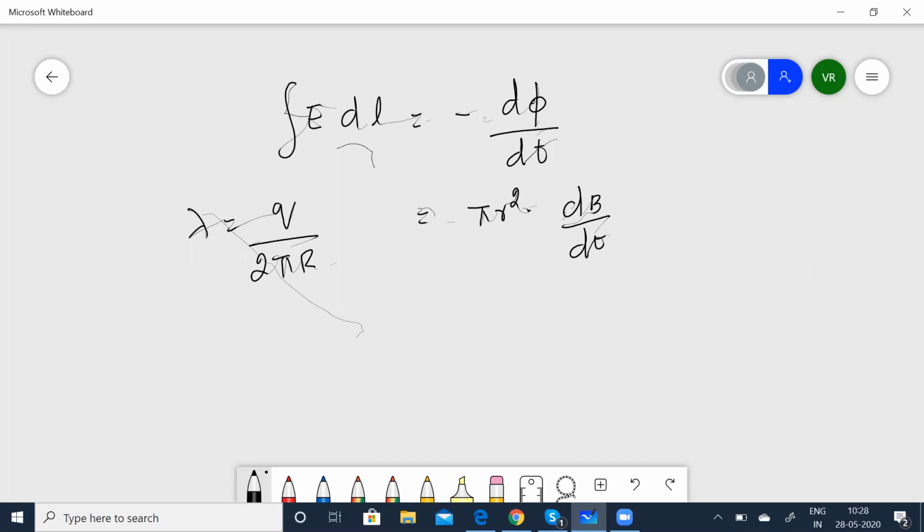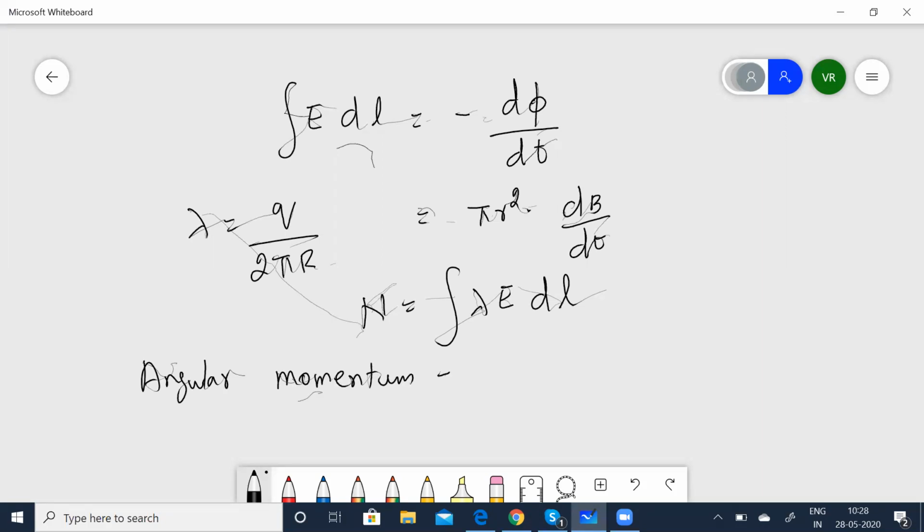That is the charge per unit length of the ring. So the net torque is given by N is equal to integration of lambda E dL. Now the angular momentum is I omega, which is nothing but integration of N dt. Now you can solve both the equations, or equate both.